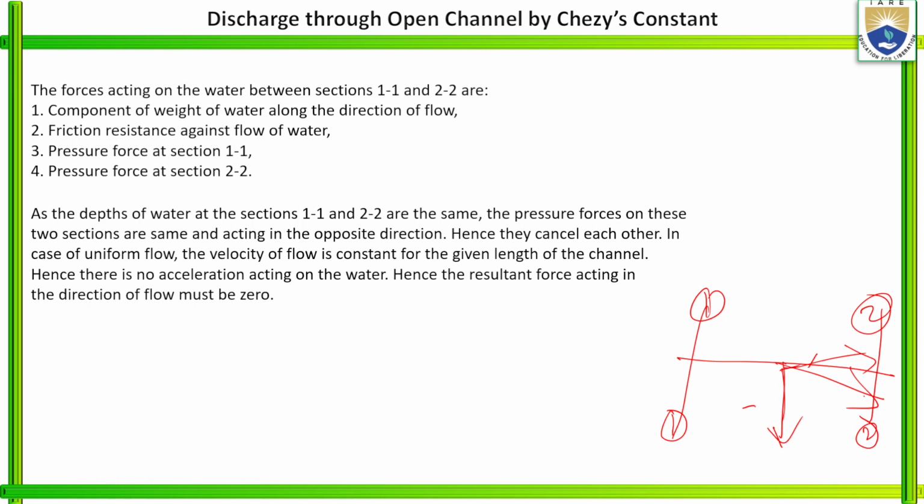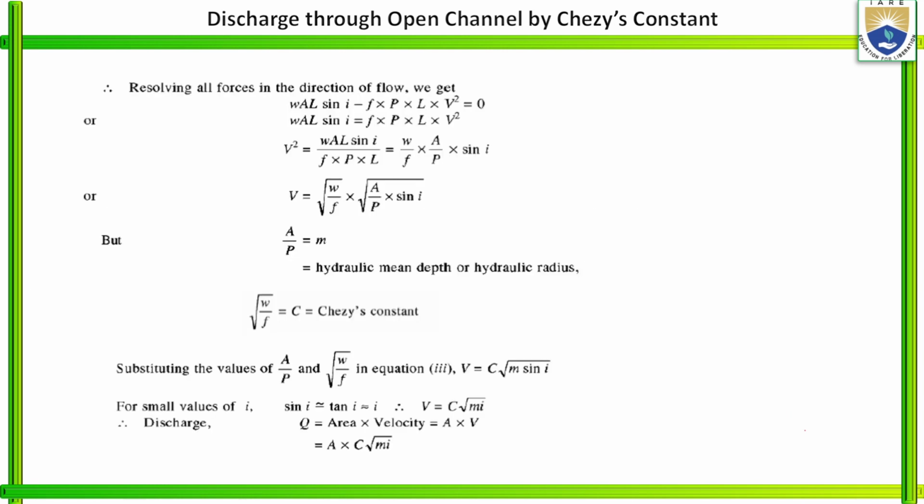It means there is no acceleration acting on the water. Hence, the resultant force acting in the direction of flow must be 0. So, resolving all the forces in the direction of the flow, we get W A L sin I minus F P L V squared, where we are considering n equal to 2 as found experimentally.